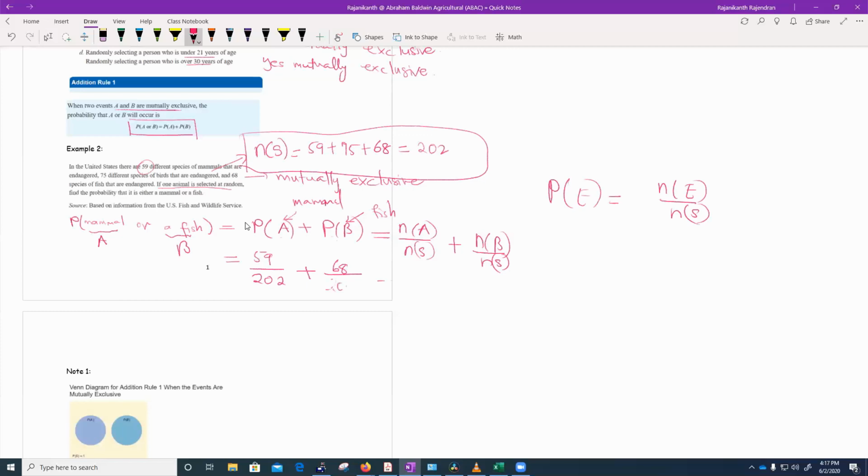So when you add these two fractions, that's going to be our answer, which is 127 over 202. If you round this to three decimal places, that is 0.629. Okay, so this is a very good application for mutually exclusive events with or.